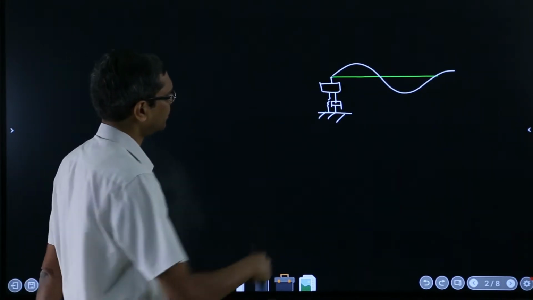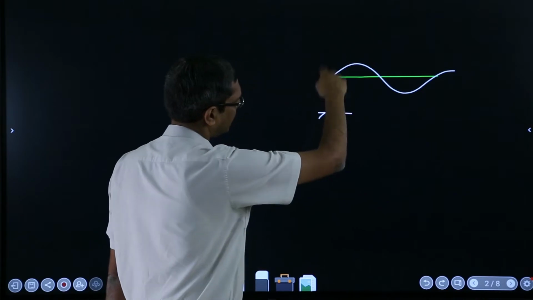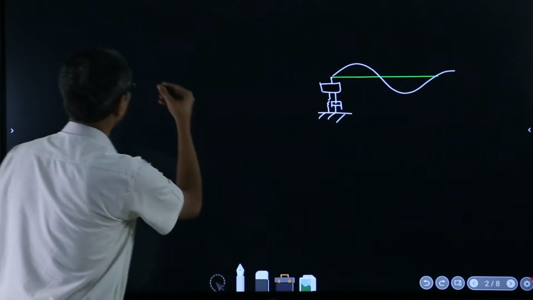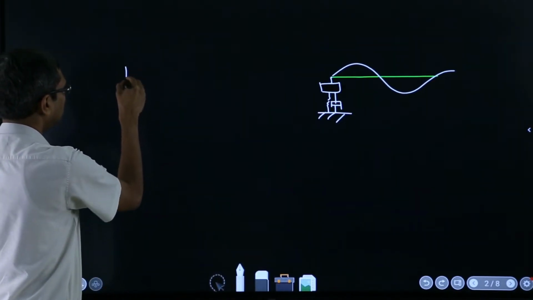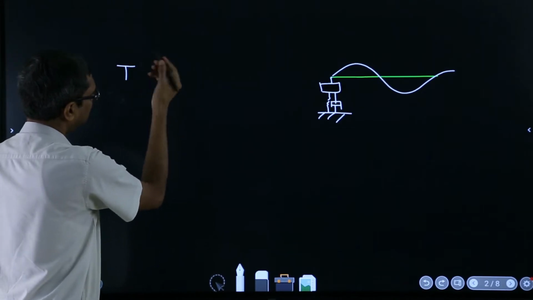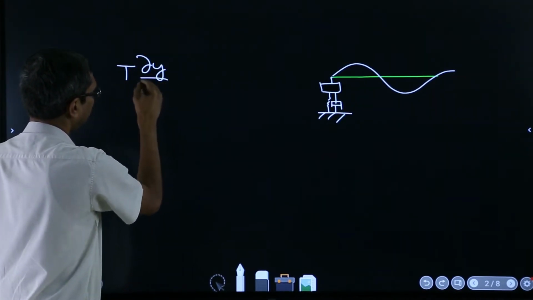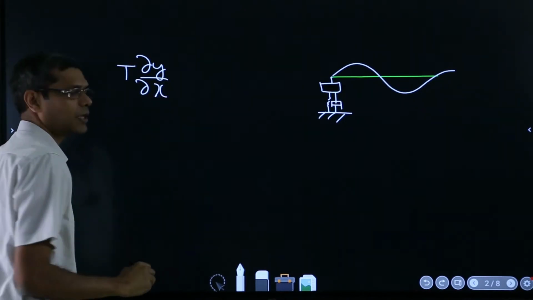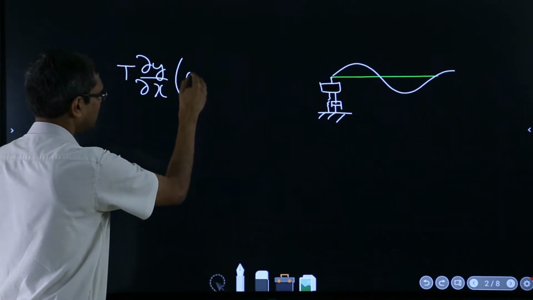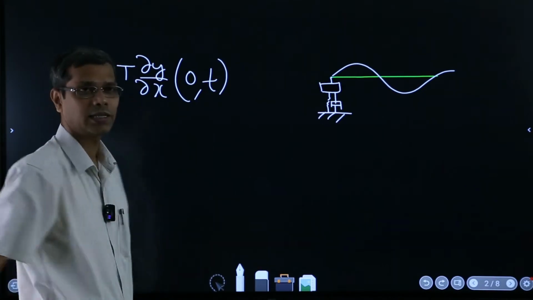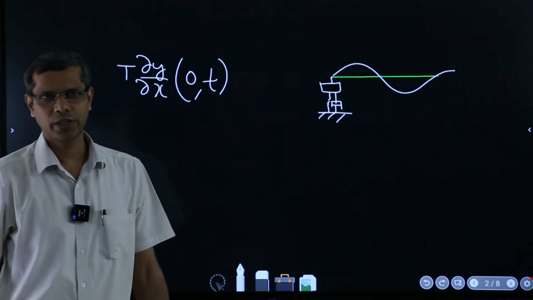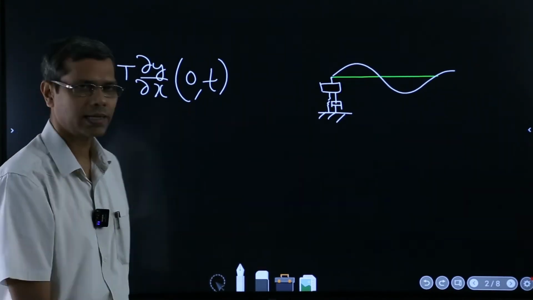Okay. Now, the tension times the partial of y with respect to x, at x equal to 0, at t, will be the forcing function on that system, right?